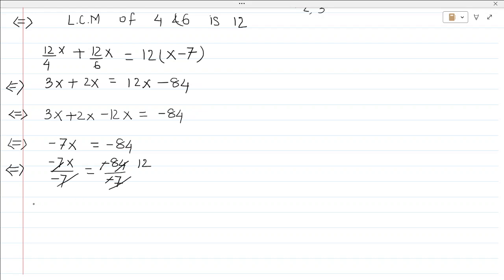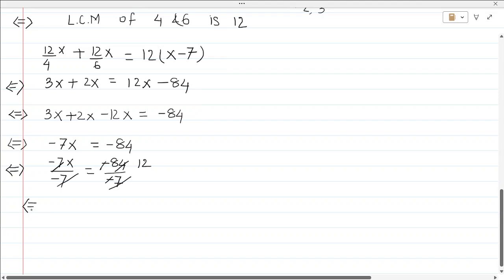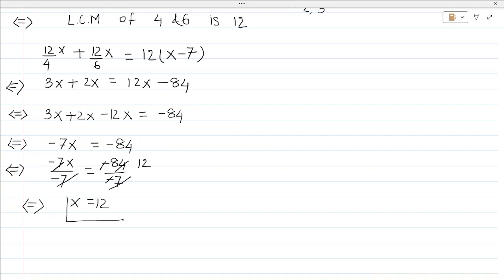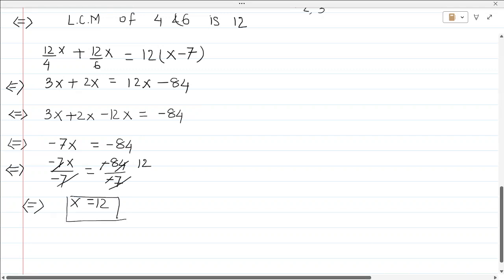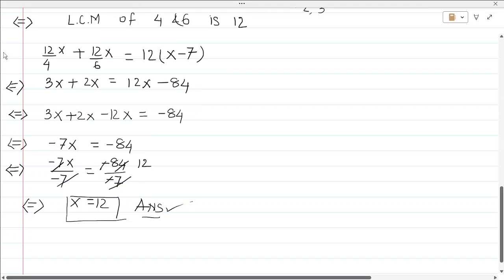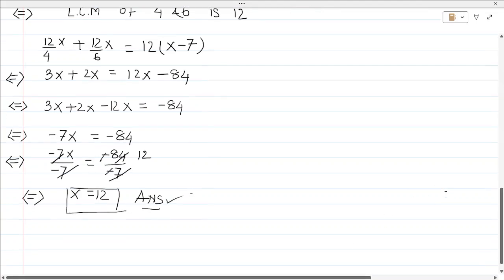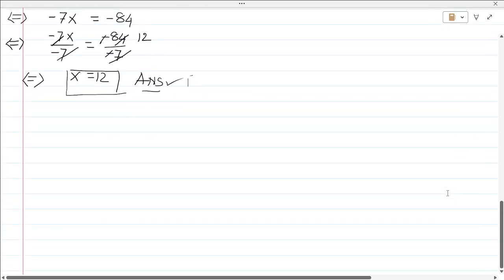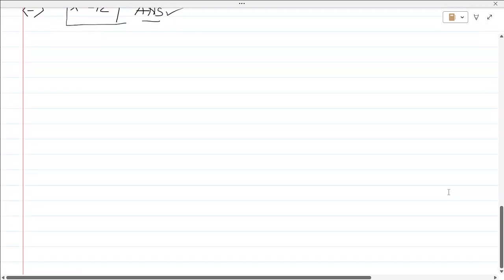So it says the value of x is 12. So this is the answer for the question. Please note it down. I think you are understanding the process of how to solve an equation.